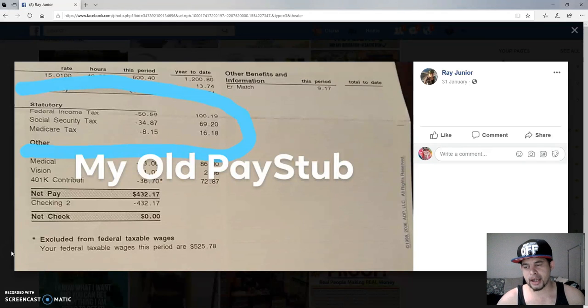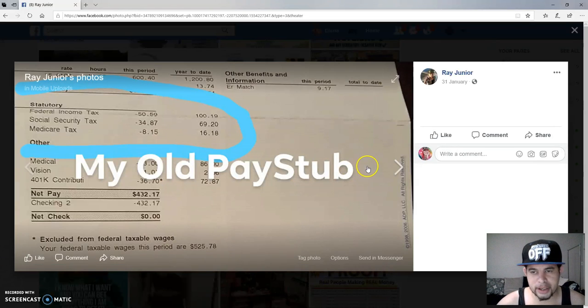I've had a lot of people ask for information about it because I actually experienced it and went through the process. All right, so let's start off by showing you some proof of how this works. This is an old pay stub of mine, and as you can see, the federal income tax there is negative 50.59, which they take out from my pay.